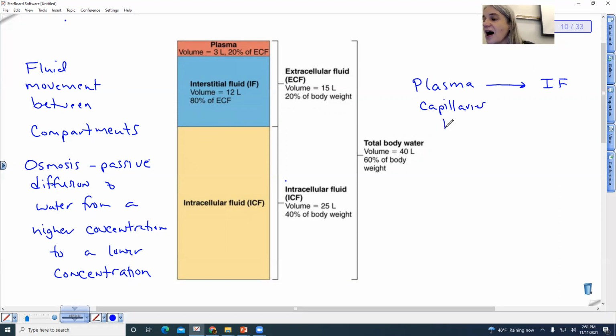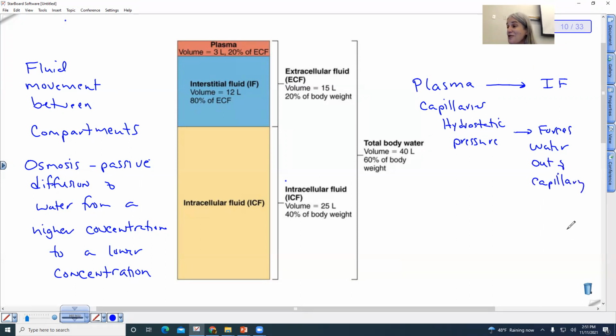And so we have hydrostatic pressure, which is from your blood being pumped by the heart. And this forces water out of the capillary. So that is another thing that causes, in this case, the exchange of water from one compartment to another.